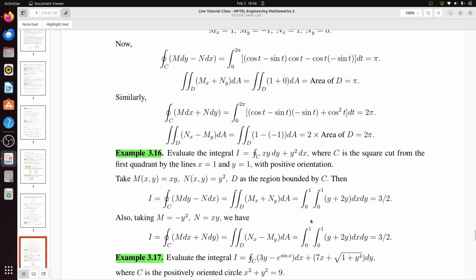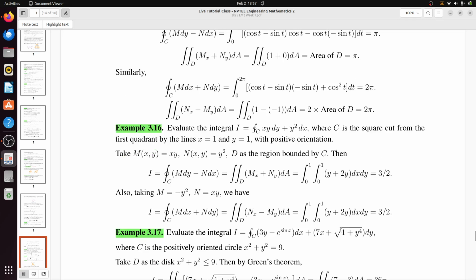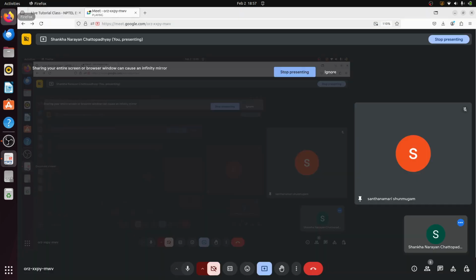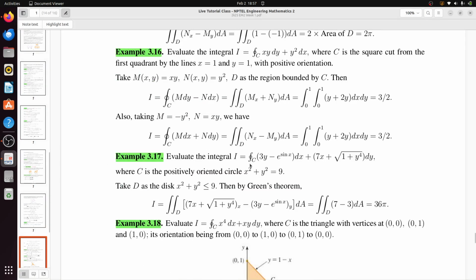Just follow whatever statement I have given, and try to solve it by reducing it into the surface integration. Here you will just need to do the double integration only. I have not covered surface integration yet, okay? Is it okay? Please respond, anybody. There is a bit of a typo here, so I request you to please solve it on your own.